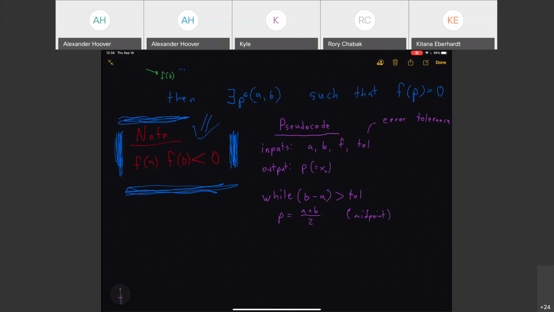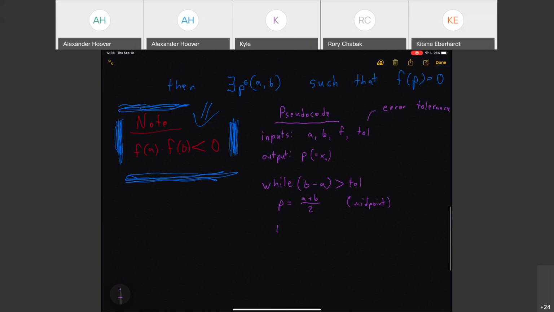Then we're going to check if f of a times f of p is less than 0. If so, then b is equal to p. Otherwise, a is equal to p.